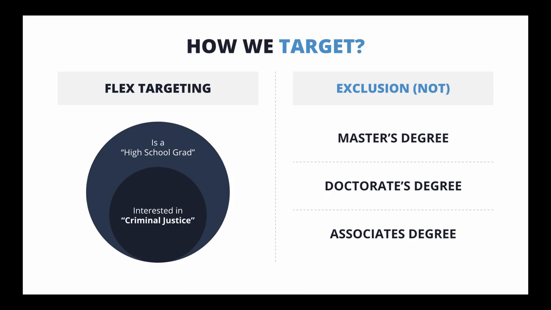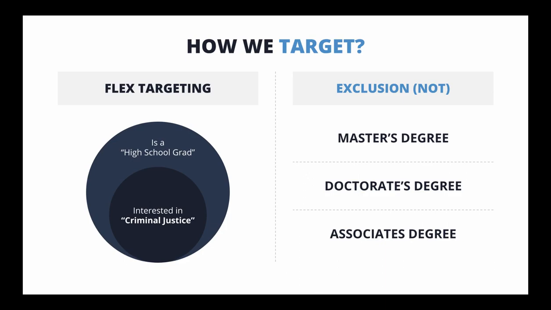So I had to use traditional interest targeting. So how did I do it? I first of all included the interest of being a high school graduate because I didn't want to be targeting people for college classes that were in high school. And I also targeted people that were interested in criminal justice.